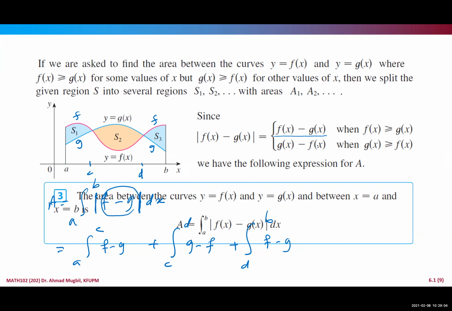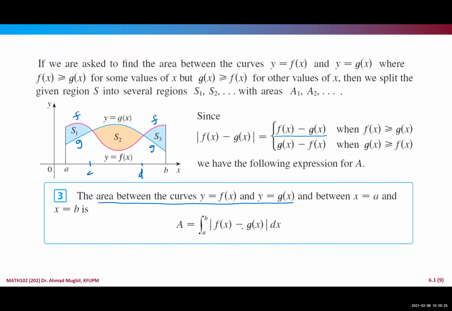In general, now we have the general definition of the area in terms of integrals. If you have a region bounded by two curves, F and G, from A to B, then its area is the integral of the absolute value of F minus G. Be careful, it is not the same as the absolute value of the integral.